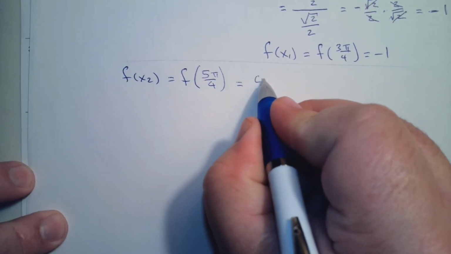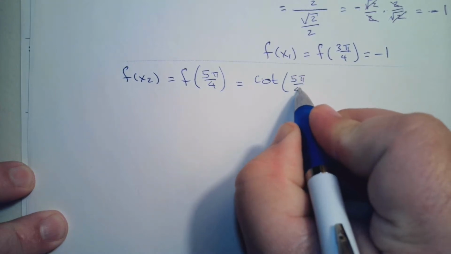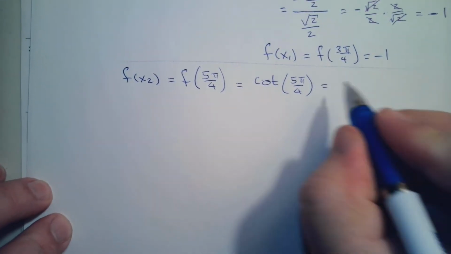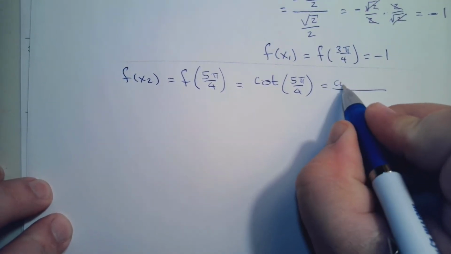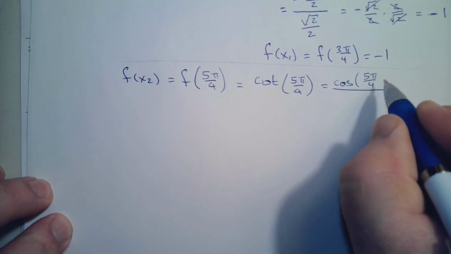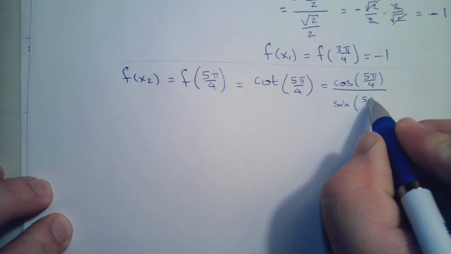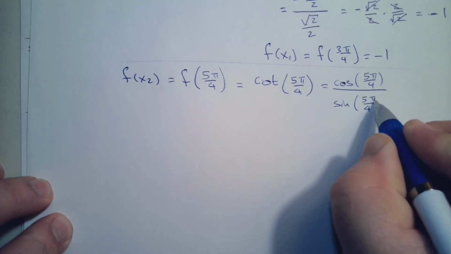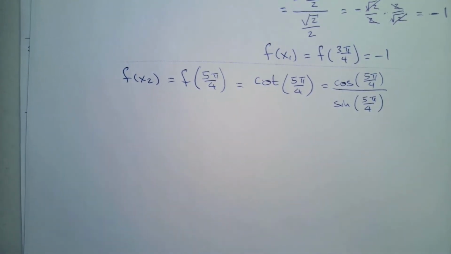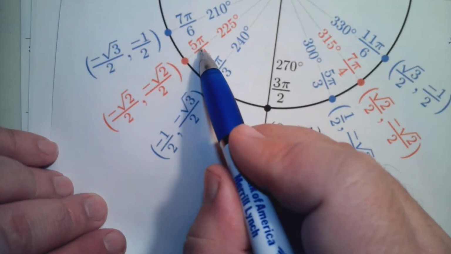Which is, okay, we want the cotangent of 5 pi over 4. Cotangent is cosine over sine. So we find 5 pi over 4.